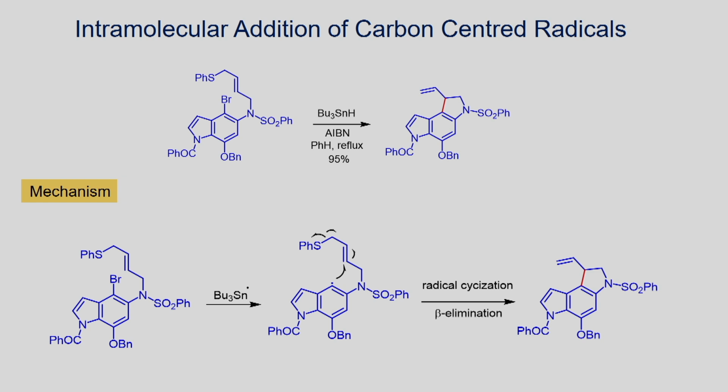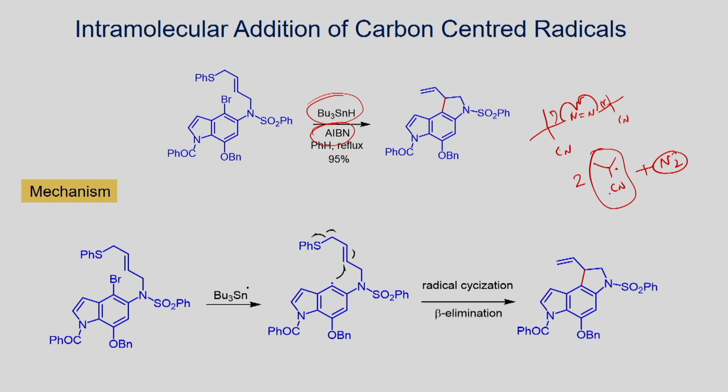Now let us look at another example. This also involves intramolecular radical cyclization. Here the combination of tributyl tin hydride and AIBN has been used. Already we have seen, if you have the AIBN, this can undergo cleavage to form the stable radical which we use as initiator for the radical reactions.